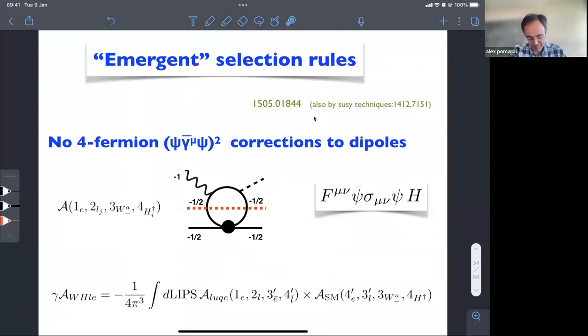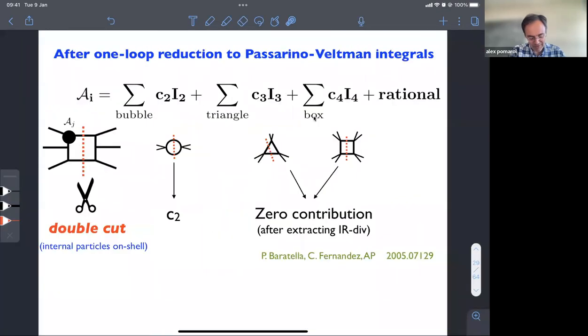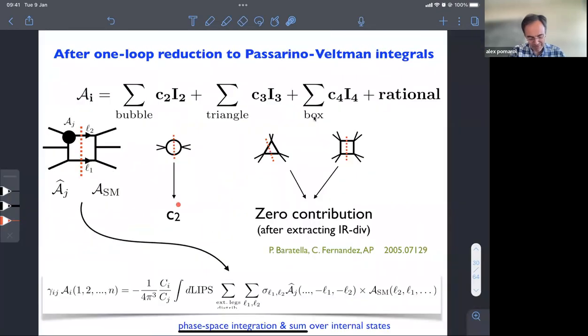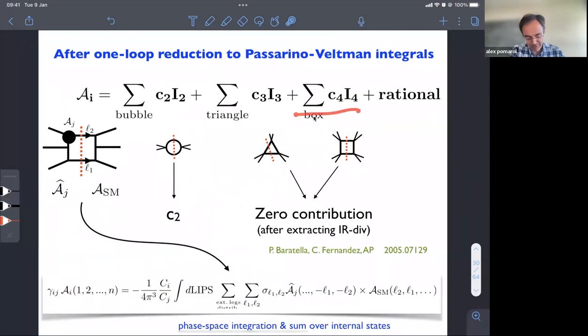Otherwise, there can be other terms. Let me go back. What I'm saying here is only to get the anomalous dimension, the divergent part. The loop gives a richer result, there are other terms. I'm only now telling you how to get this. If I have time I'll go through it, but I don't think I'll have time to tell you more about how to get the rest.